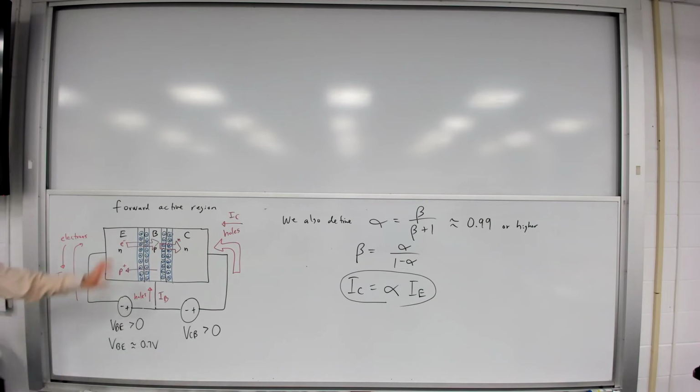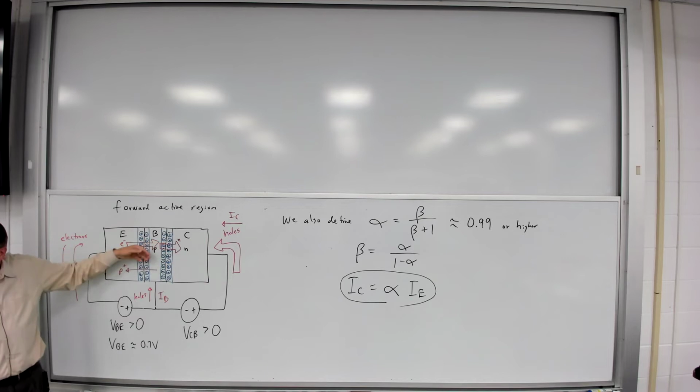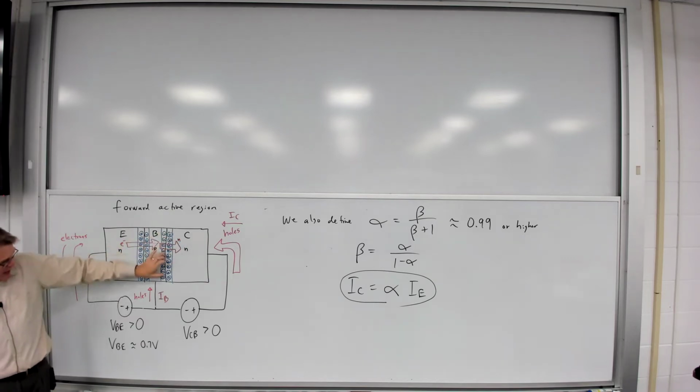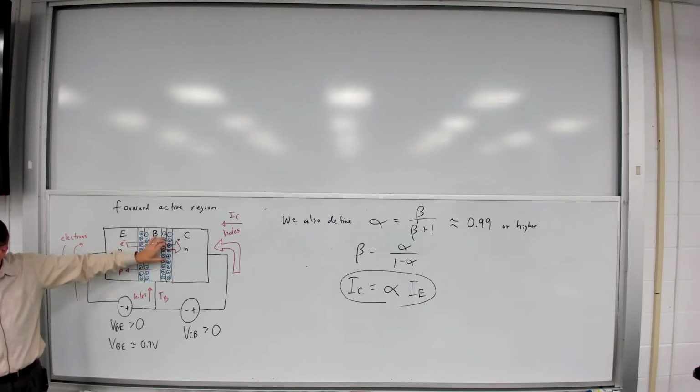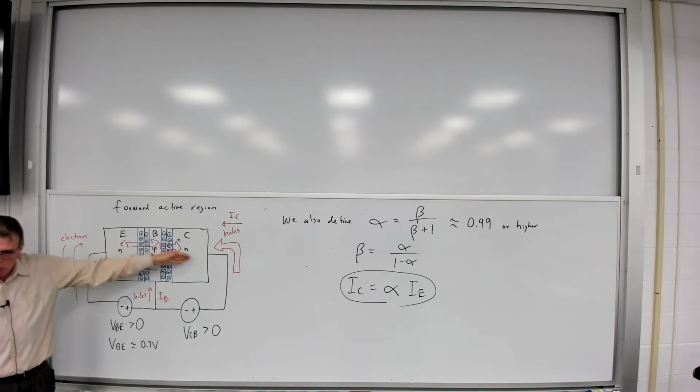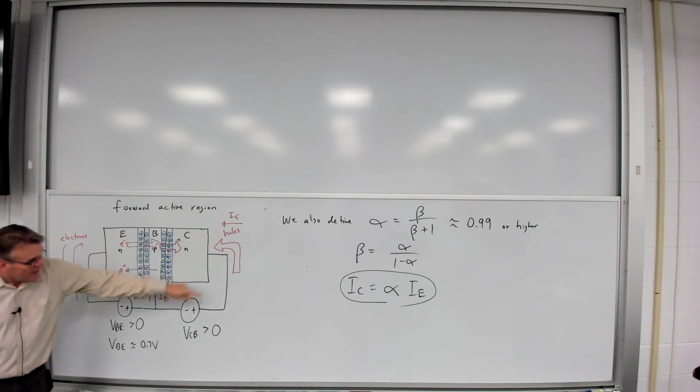And so while they're drifting in that base, they can then drift over to this region, be captured by this reverse bias junction, and then be attracted by the positive charge in this depletion region.